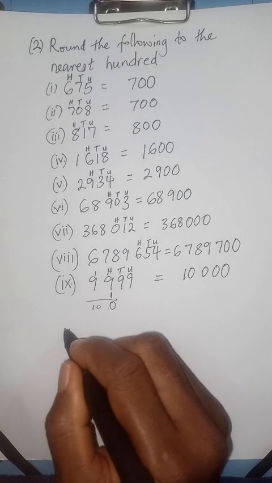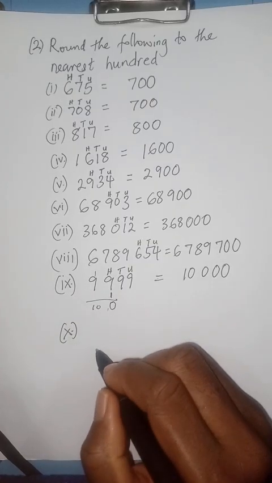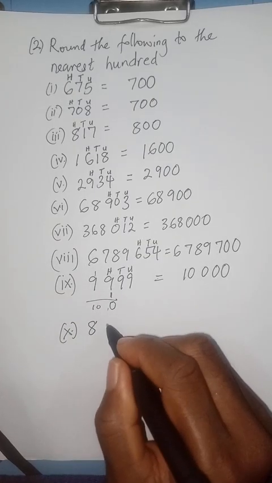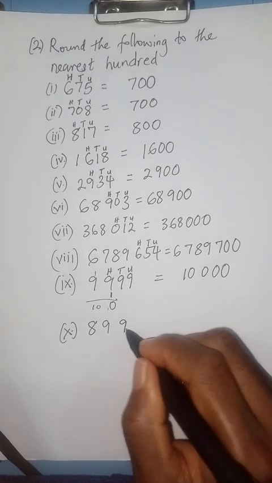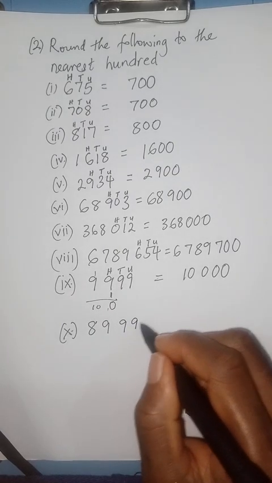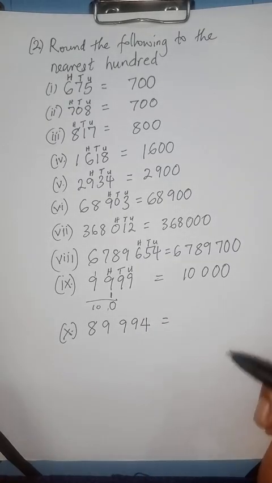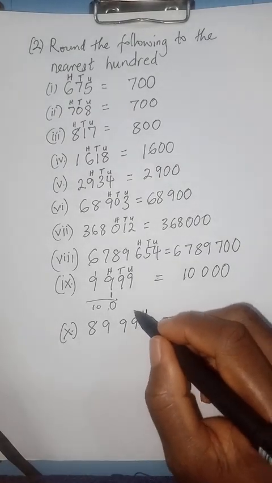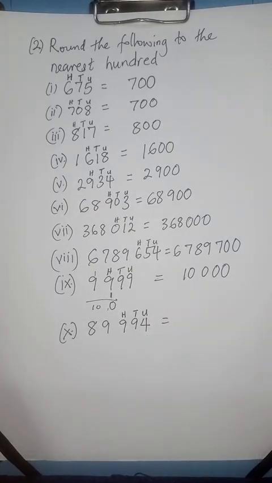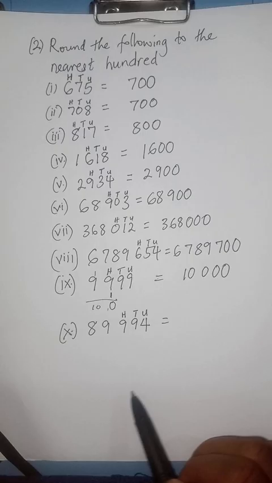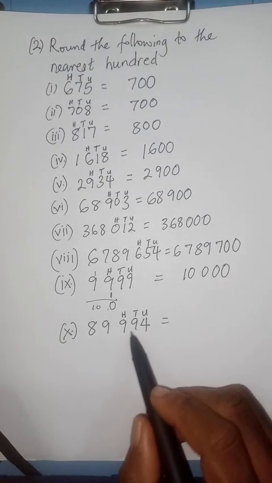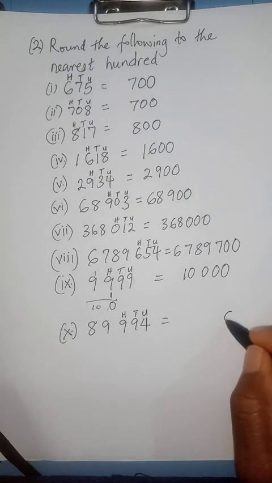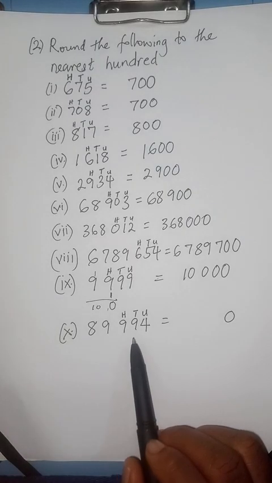Now, let's try another one. If this is confusing, let's see. I have 89,994. This is my units, my tens, and my hundred. Remember, I'm rounding to the nearest hundred. So my focus is on the tens and the hundred. So the unit, it's 0 already. Now let's look at the tens.